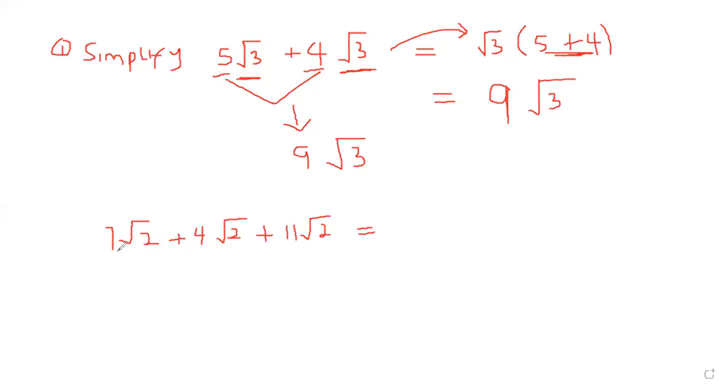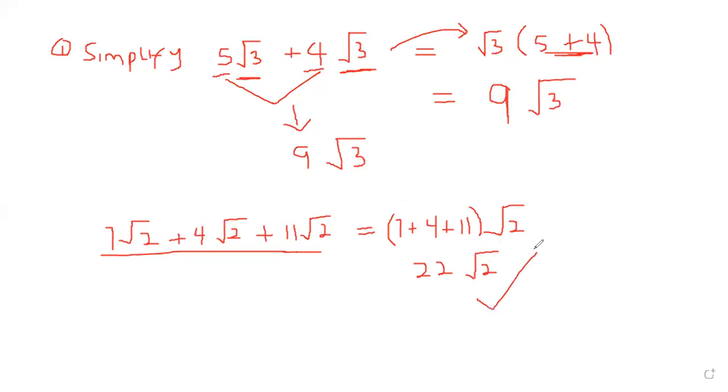No, I said you should add. Okay, sorry. It will be 7 plus 4 plus 11 in brackets, square root 2. Yes. So this gives us 22 square root 2. This is correct. Well done. Thank you, sir.